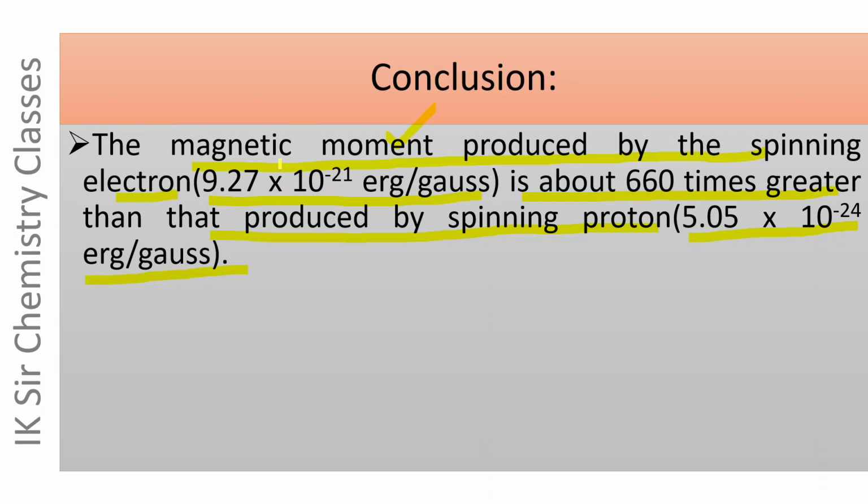This is the magnetic moment produced by a spinning electron, and it is the magnetic moment produced by a spinning proton.